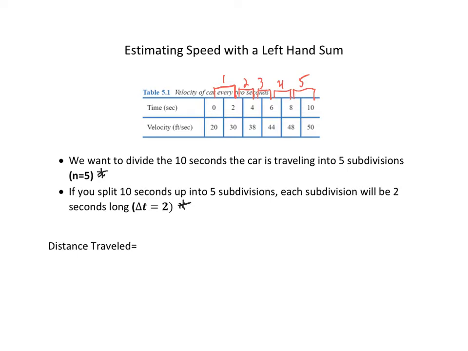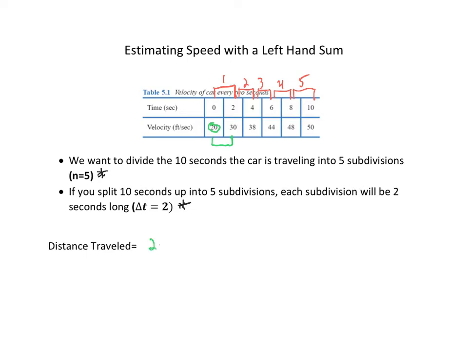So doing a left-hand sum, let's look first at this interval here. From 0 to 2 seconds, we are going to guess that the car during this time is traveling the left-hand number, or 20 feet per second. So guessing how far the car traveled from 0 to 2 seconds, we're going to guess it's traveling 20 feet per second.